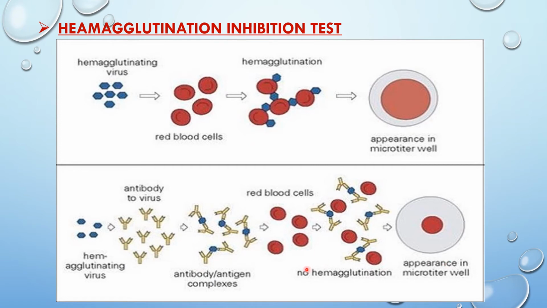This is known as hemagglutination inhibition. So there will be no agglutination of RBC, and this shows that the patient specimen has antibody against the virus, so the test is positive.